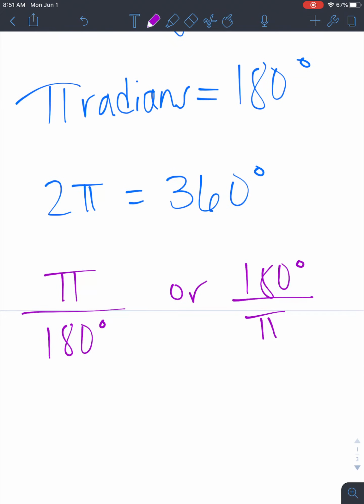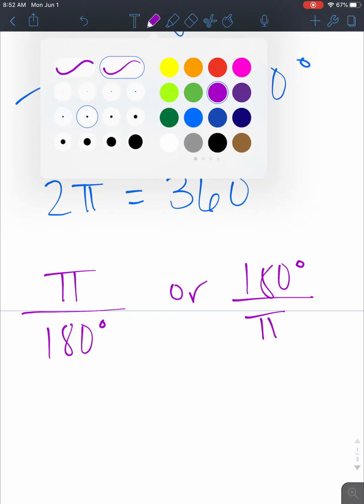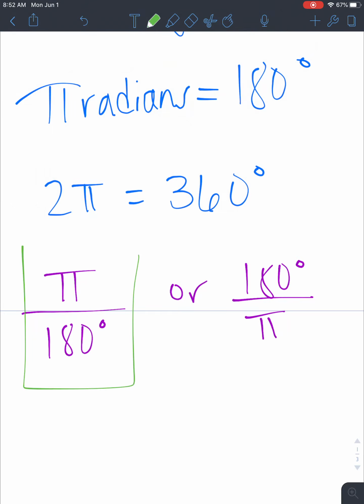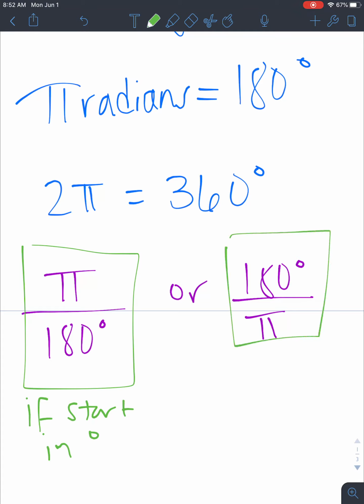If we start with an angle that's in degrees, we're going to use pi over 180. And if we start in radians, then we'll use 180 over pi.